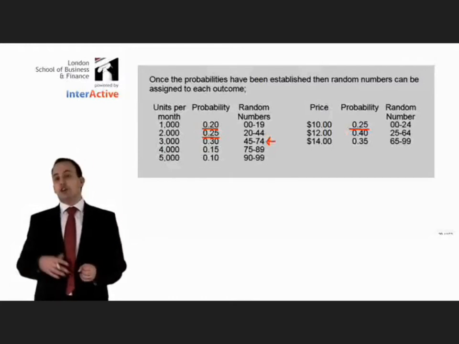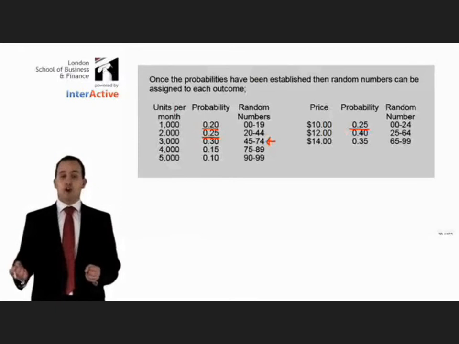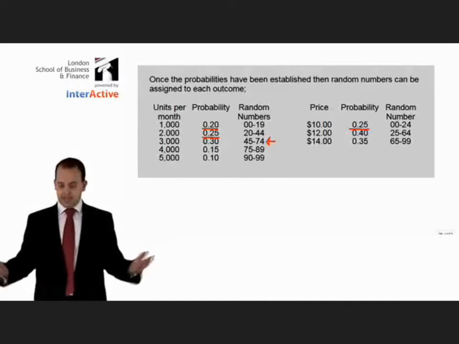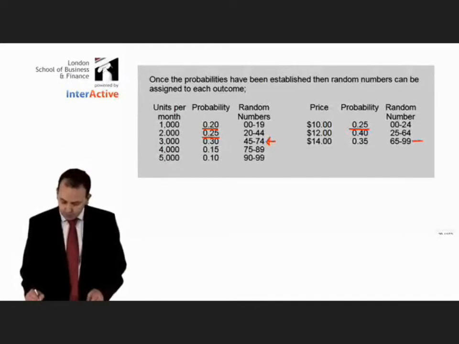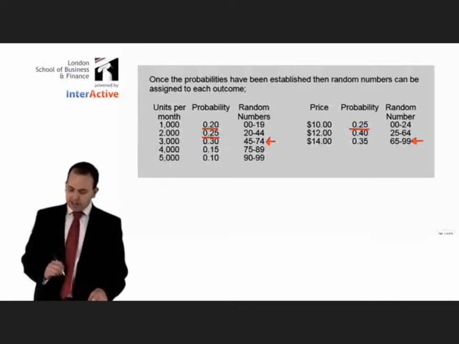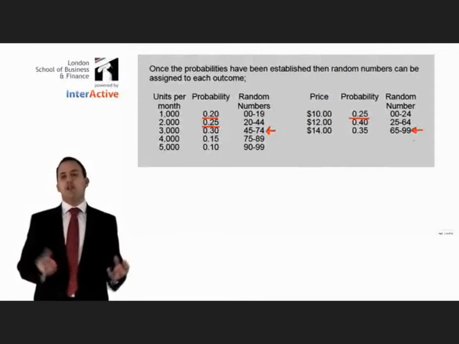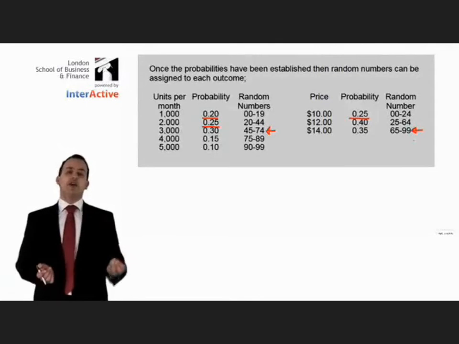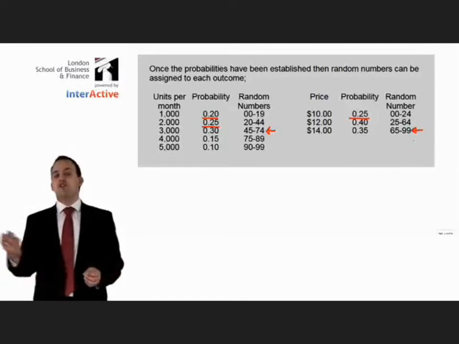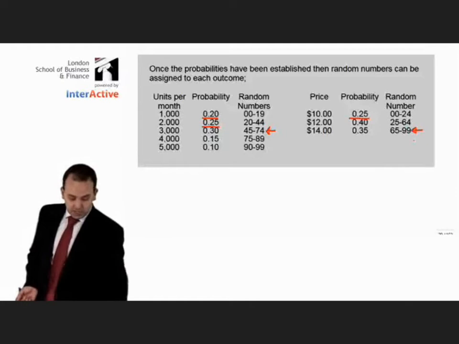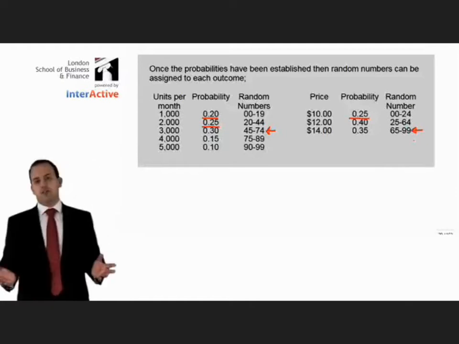We would then generate another random number for the price, let's say random number 98, which would fall into that category for the price of 14. So our first simulation of units and price would give us sales units of 3000, a price of $14, which would give us revenue of $42,000.